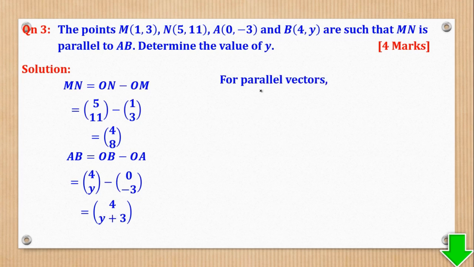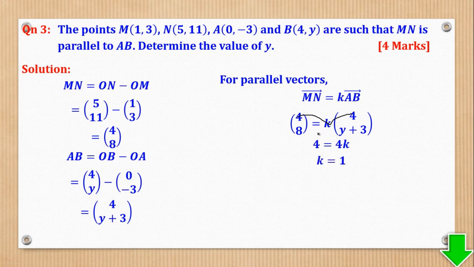Then you remember the condition for parallel vectors. One is a scalar multiple of the other. So this k is a constant. Then we shall come and substitute. For equality of vectors, we shall say the upper part is 4 equal to k times 4. And making k the subject gives you 1.